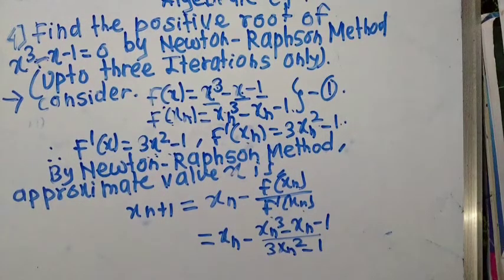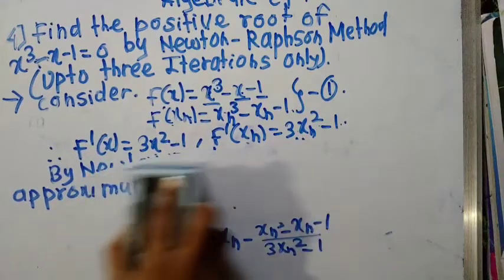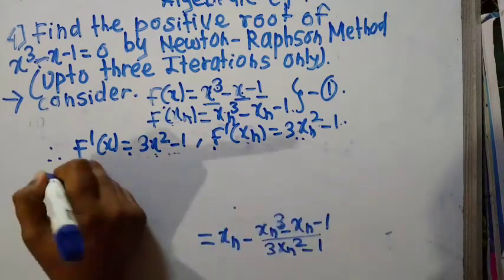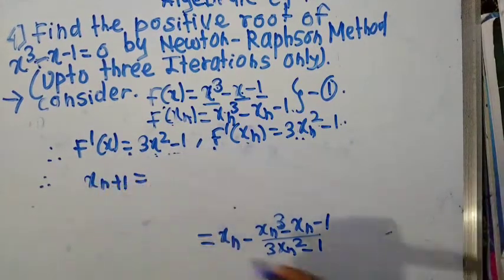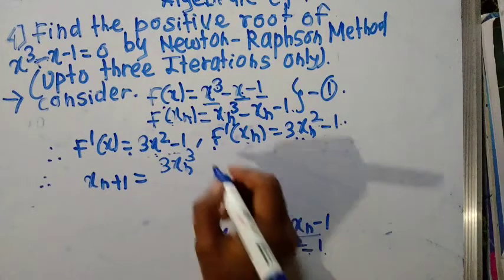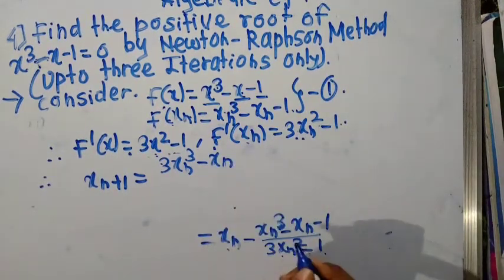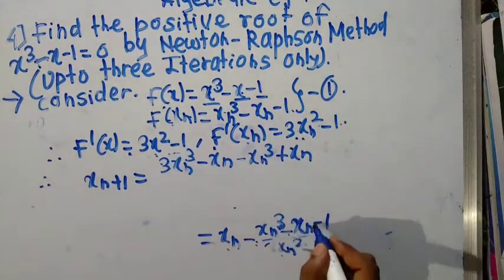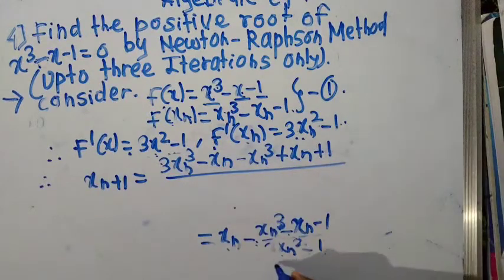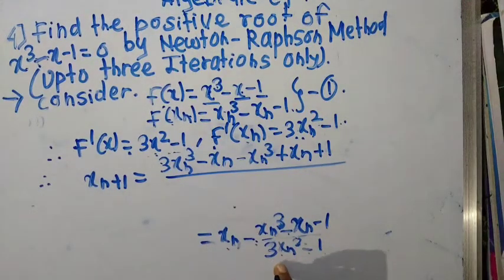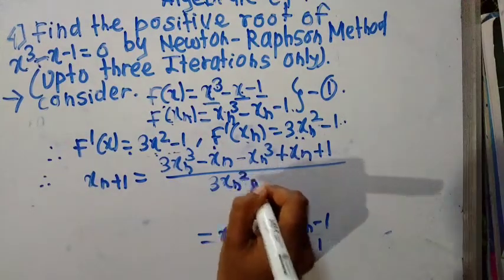Then the next step is xn plus 1 is equal to 3xn square into xn is 3xn cube, minus xn into 1 is minus xn cube, minus plus xn and minus plus 1, divided by 3xn square minus 1.